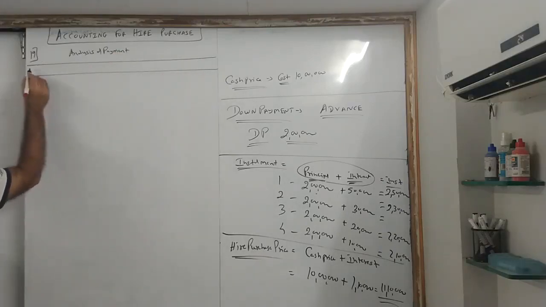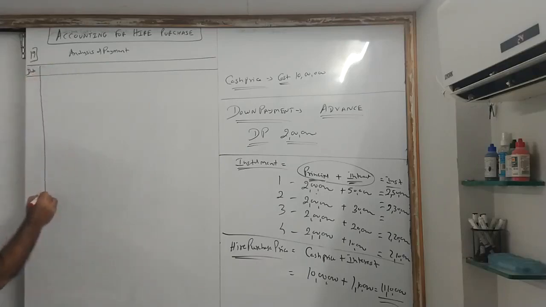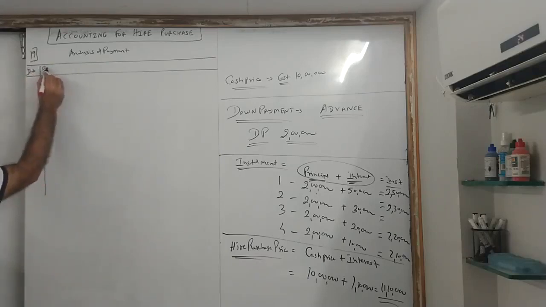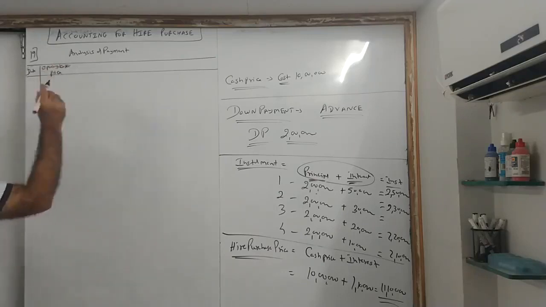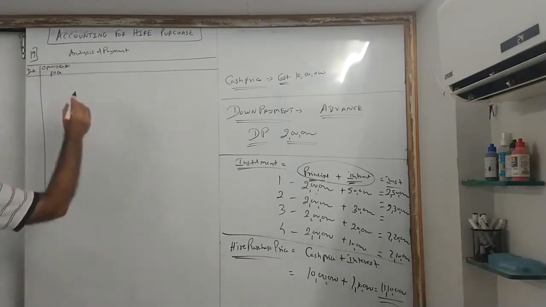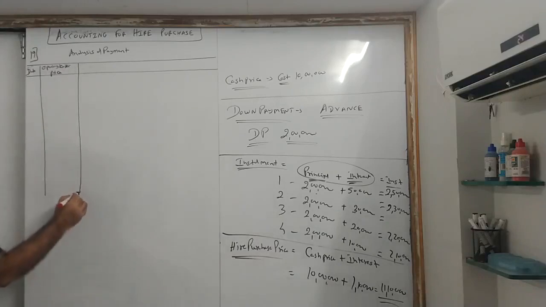Understand now what will be the columns. First we'll put date. Of course, people avoid date, but it's better we put it. After date, opening balance, or you can just say opening cash price.